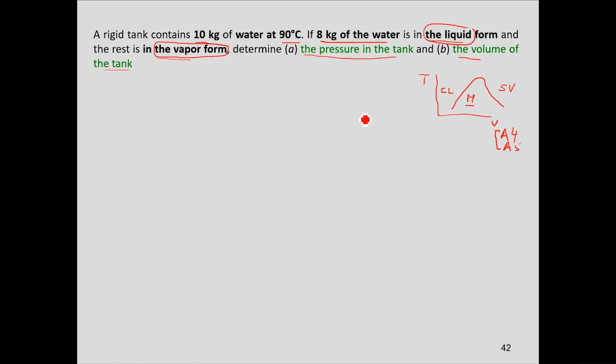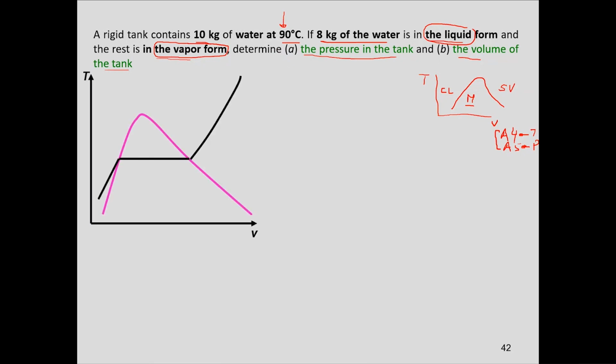Since you are familiar that in table A4 the first column is temperature and in table A5 the first column is pressure, if you are given the data in terms of temperature, you will essentially refer to table A4. Let's first see how the plot looks.